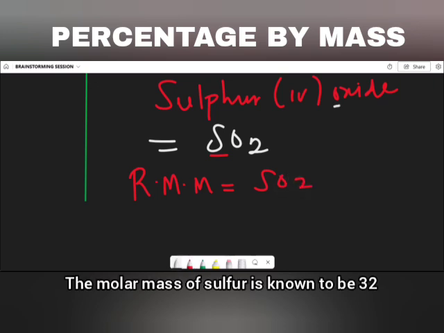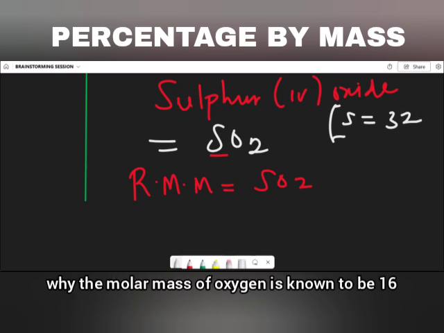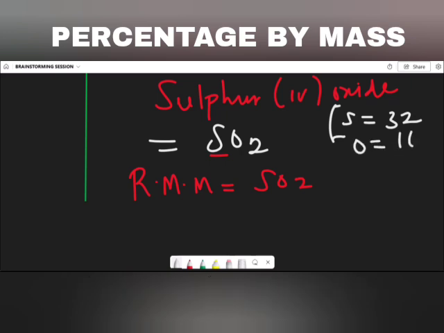The molar mass of sulfur is known to be 32, while the molar mass of oxygen is known to be 16. So I'm going to apply it here.